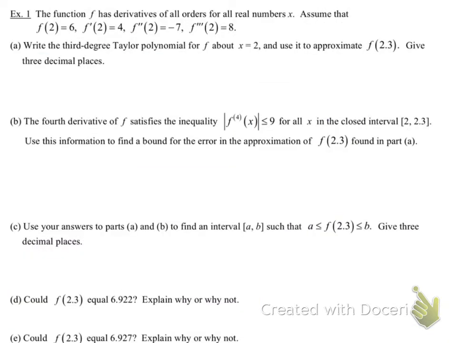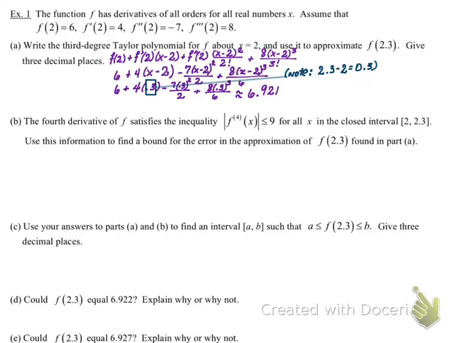Okay, so first we're going to look at this function below, and we're going to write the third degree polynomial for f about x equals 2. And here we go. We use our formula for a Taylor polynomial centered at 2.